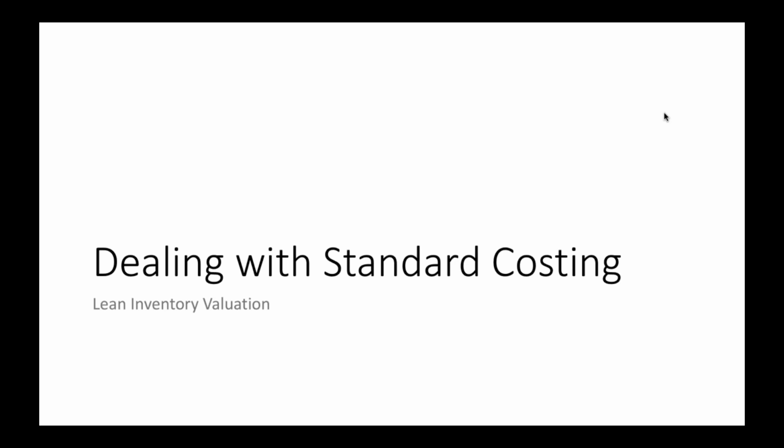I have been fortunate as a CFO, when I first learned lean, that I did turn standard costing off in the company that I worked for and went to a lean inventory valuation methodology. I've also worked with companies as a consultant, and I helped them through that process, both public and private companies.